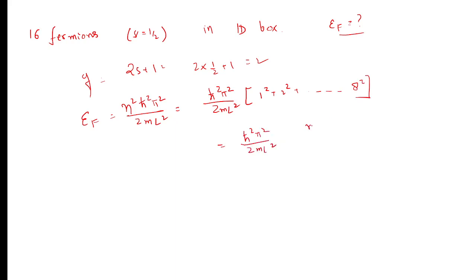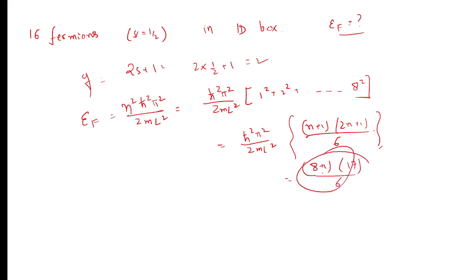So I have a formula, right? The sum of squares is n times n plus 1 times 2n plus 1 divided by 6 or something like that. Can we put that? Let me try. It's not working actually. I need to check. Wait a minute.